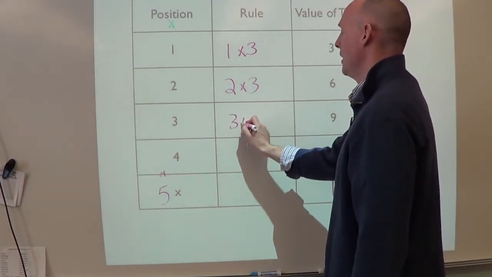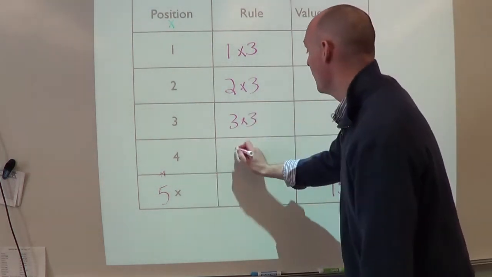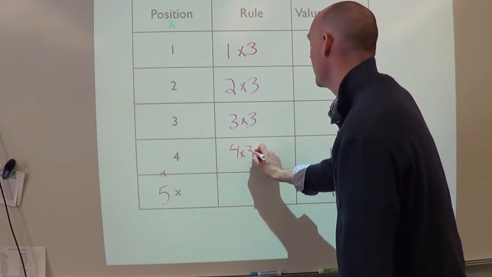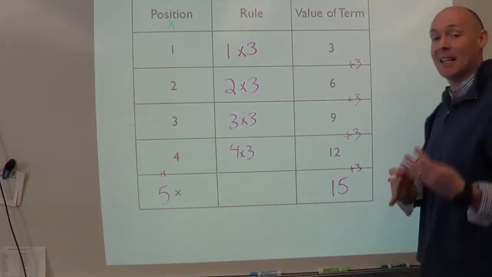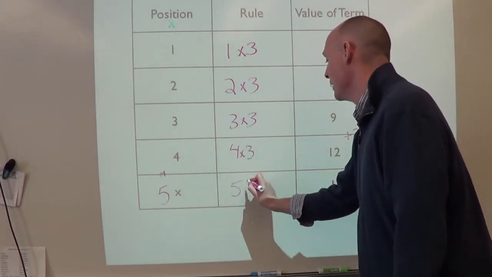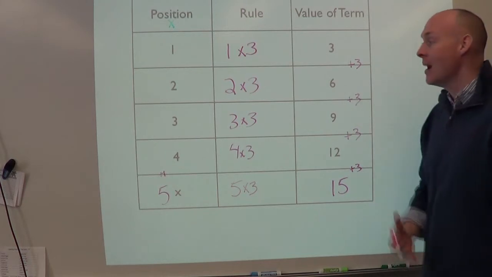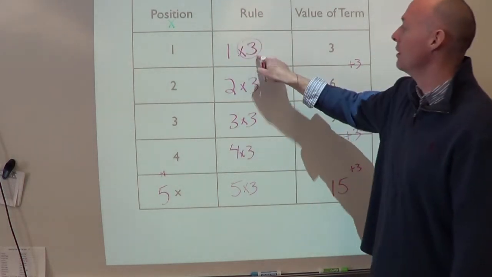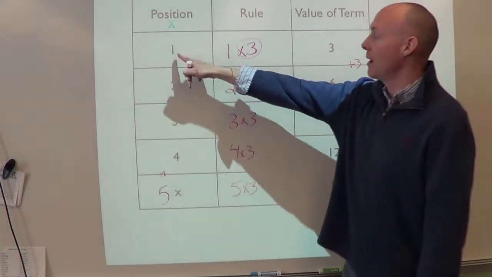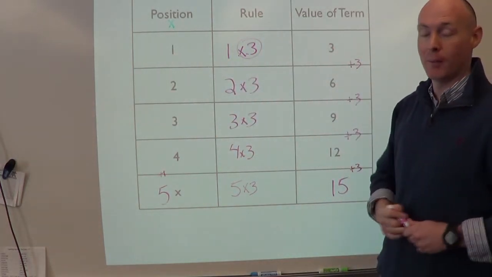Yes. What about 3 times 3? Is that 9? We're good to go. What about 4 times 3? Is that 12? Yes, it is. Now, let's see. If 5 times 3 is 15, we're good to go. Excellent. So my rule is times 3. Whatever the position is, times 3 is going to give you the value of the term.